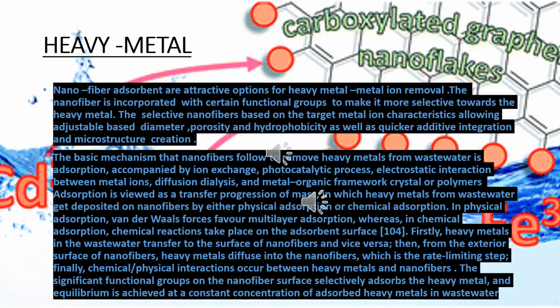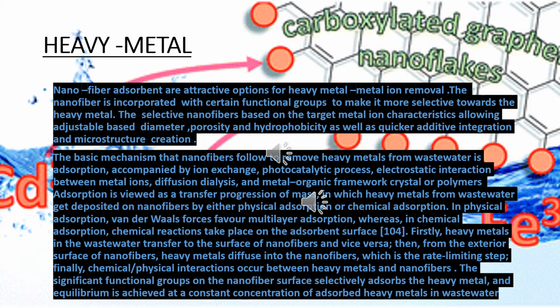The nanofiber is incorporated with certain functional groups to make it more selective towards the heavy metal. The selective nanofiber is designed based on the target metal ion characteristics, allowing adjustable fiber diameter, porosity, and hydrophobicity, as well as quicker additive integration and microstructure creation.